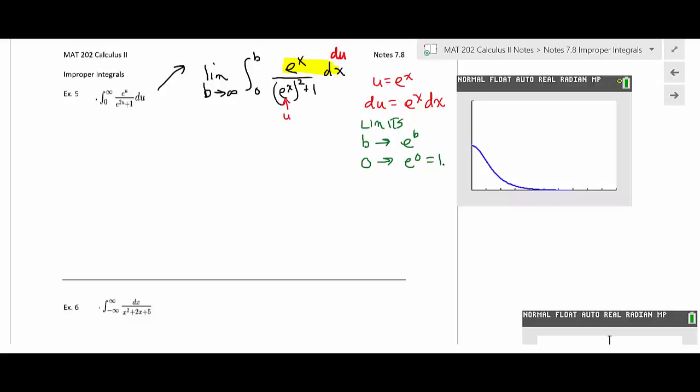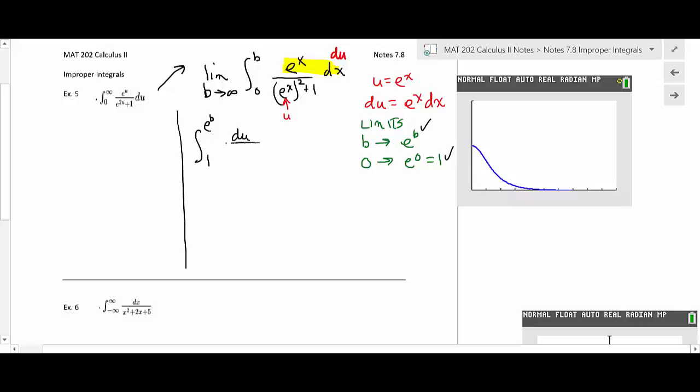Okay, so let's go ahead and do the integral and see what we've got going on here. We're going to ignore the limit. What I'm going to have is the integral from 1, because the 0 became 1, to e to the b, because the b turned into e to the b, of du over u to the second plus 1 like that. And what you learned is this is basically just an arctangent.